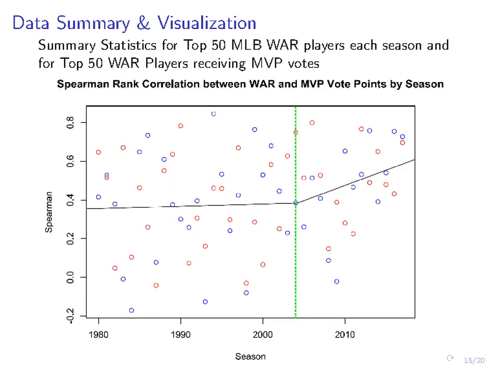For each league season, we've taken the Spearman rank correlation between WAR and MVP vote points. And so each of these data points represents that rank correlation for a league season. We split the plot between pre and post 2004, and we find a growing rank correlation after 2004.